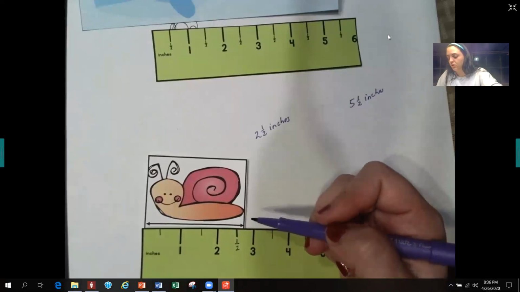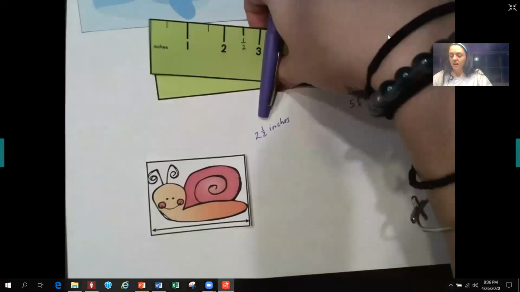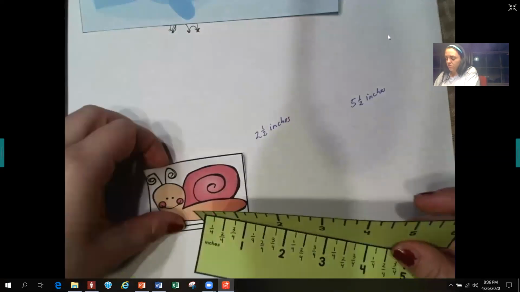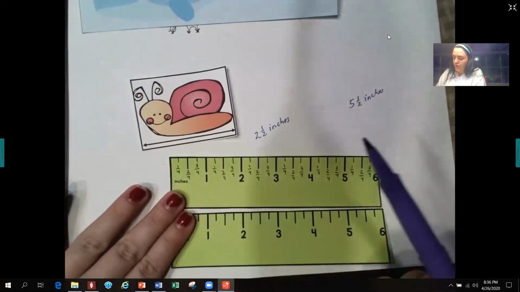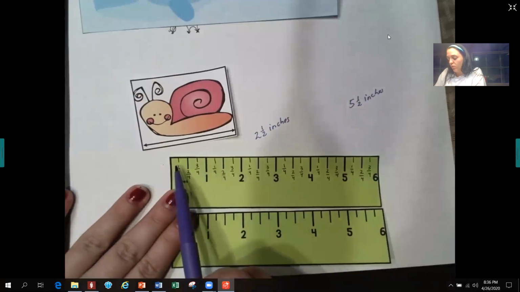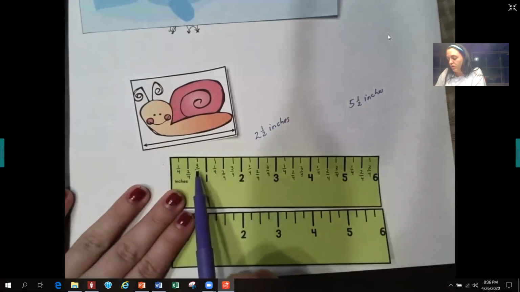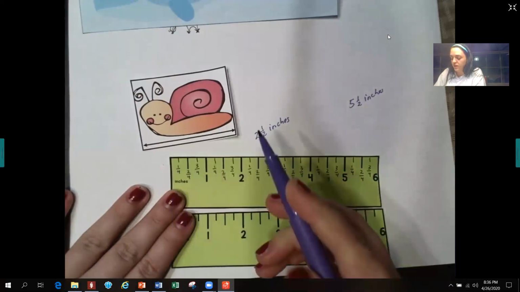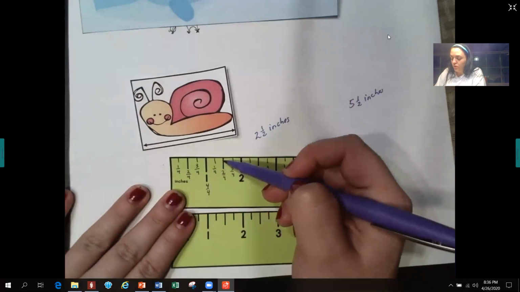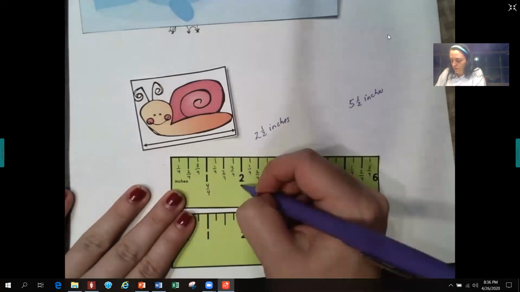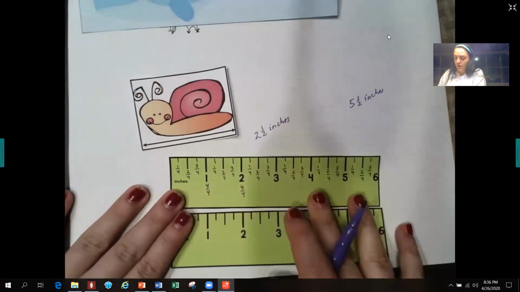I'm going to need to use a ruler that's cut into quarters. So if I labeled a ruler that's cut into quarters, I would get 1/4, 2/4, 3/4. I could write 4/4 under this. 1/4, 2/4, 3/4, 4/4, and so on.